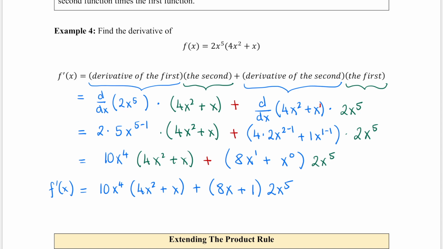So my derivative of f of x is 10x to the 4 times 4x squared plus x, plus 8x plus 1 times 2x to the 5th. Sometimes we stop here, or sometimes we simplify further depending on the problem.